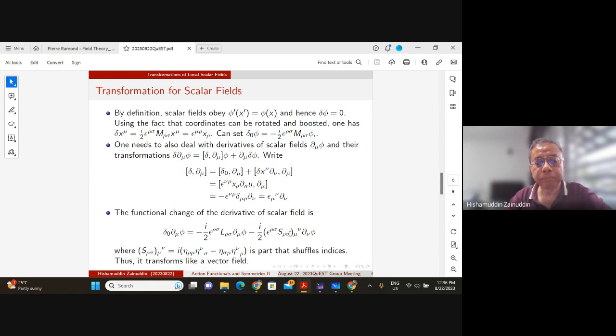And over here, what does the spin part actually do? It sort of juggles the indices somehow. So that part here is given by this. Here you really need to do it, it's coming from the algebra itself. So putting everything in, what one finds, as you expect, is that this derivative of a scalar field will transform like a vector field.